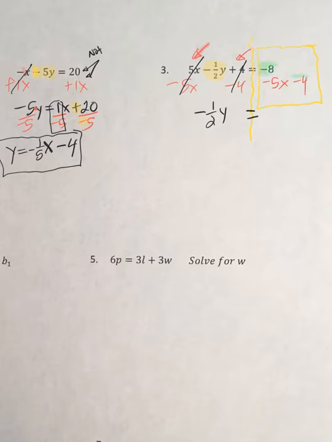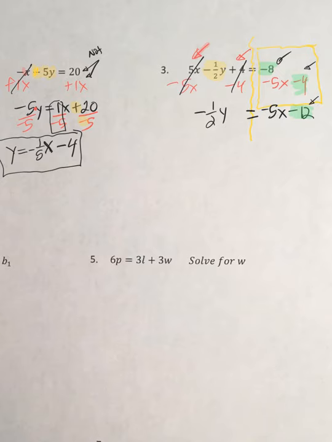And negative 8 and negative 4 are constants. They don't have any variables, so we can combine those. So that's going to give us on the right-hand side a negative 5x and a negative 12. Do you see where the negative 12 came from? It came from the fact that we combined the negative 8 with the negative 4 gives us that negative 12.